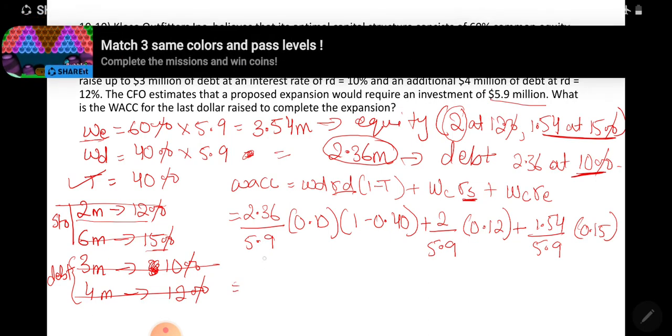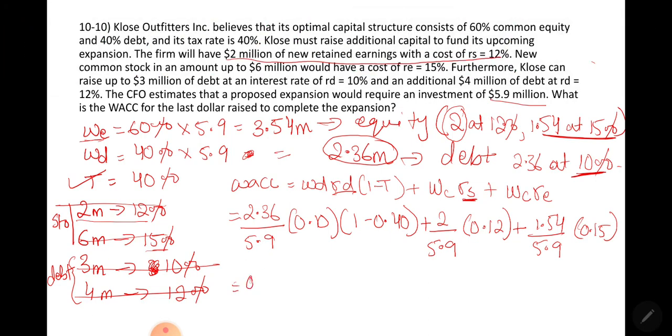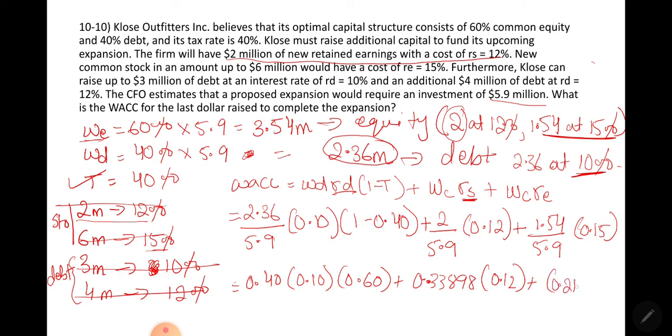So if we solve this, this is 40% times 0.10 times 0.6, plus the weight of retained earnings, which is 0.33898, times 0.12, plus 0.2610 times 0.15. So if you solve this, your total answer should come to 10.38%. This is your WACC, weighted average cost of capital.